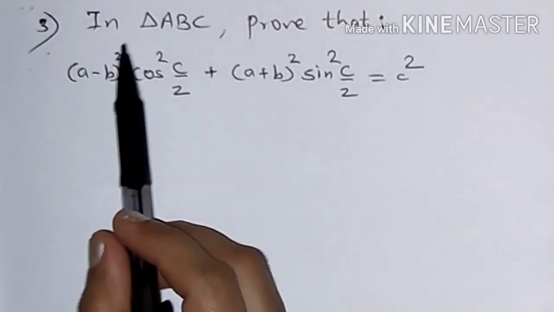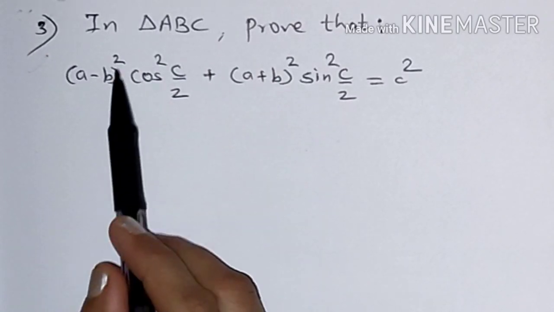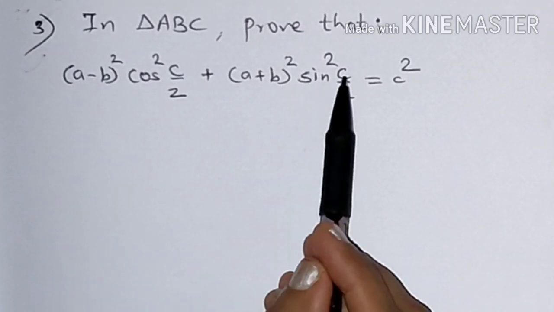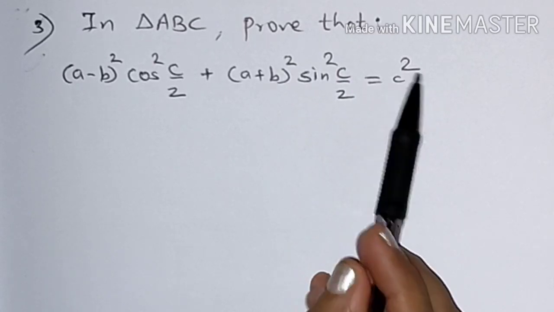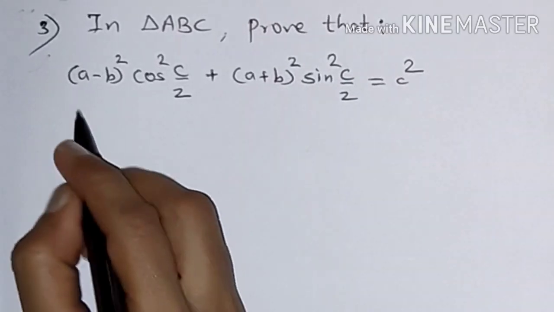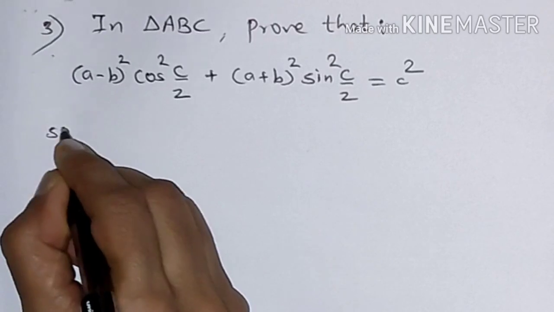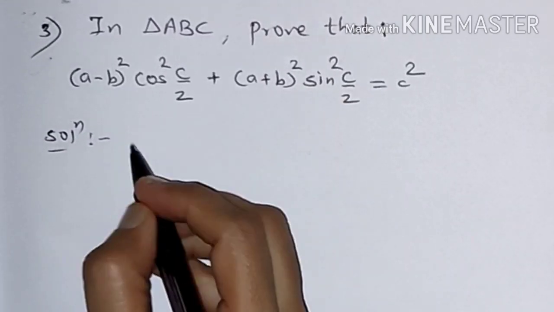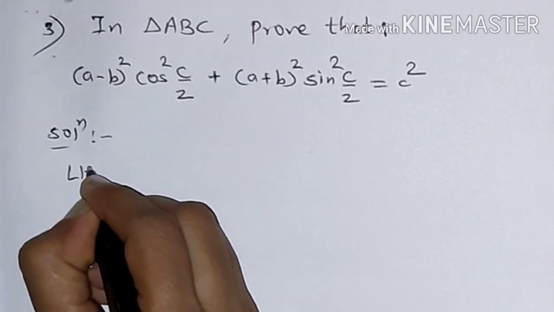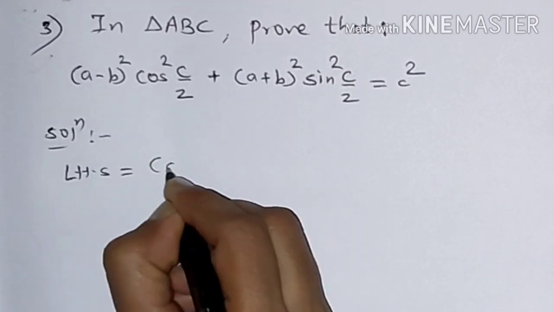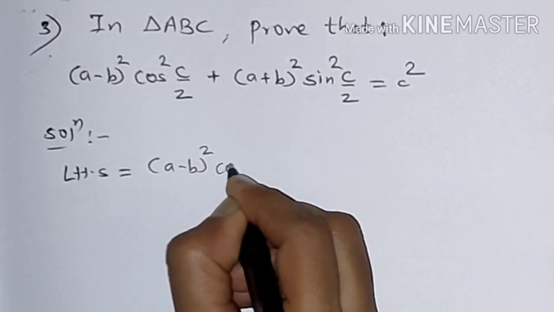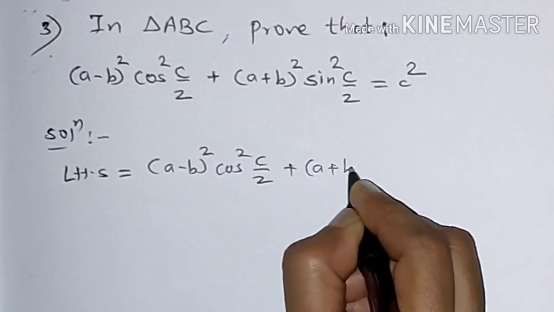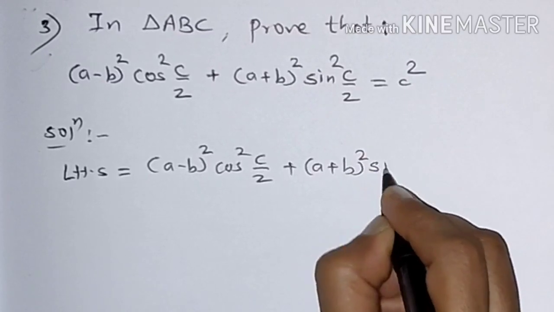Let's try one more. In triangle ABC, prove that (a minus b) whole square into cos square C by 2 plus (a plus b) whole square into sin square C by 2 is equal to c square. Let's start with the left hand side. LHS is equal to (a minus b) whole square into cos square C by 2 plus (a plus b) whole square into sin square C by 2.